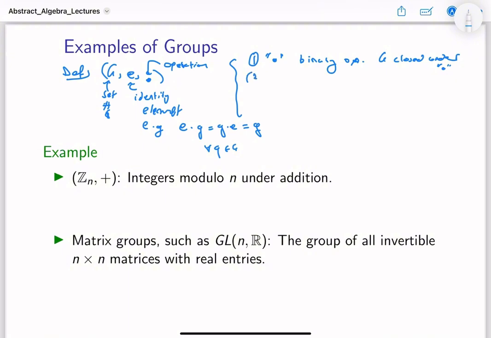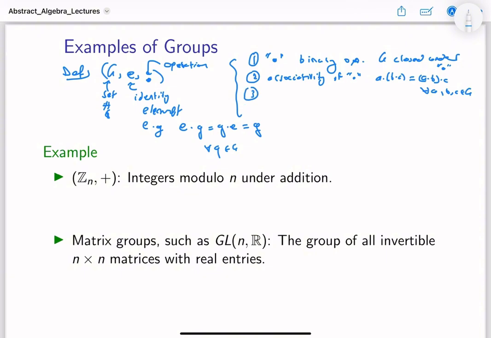And the next thing that we require is associativity of that operation. In other words, we require that taking a dot b dot c is the same as taking a dot b and then dot c. So applying the operation to three elements doesn't matter in what order you do that. So this is for every a, b, c in G.